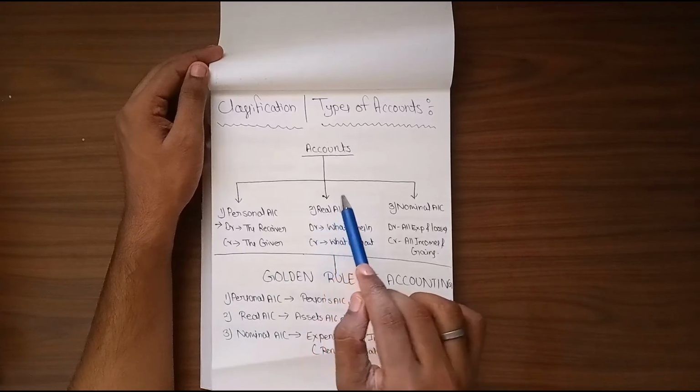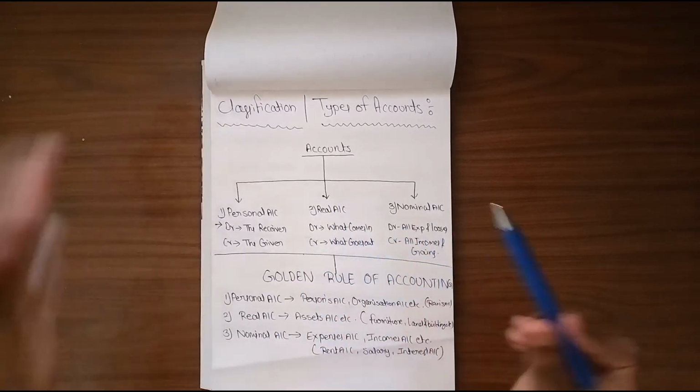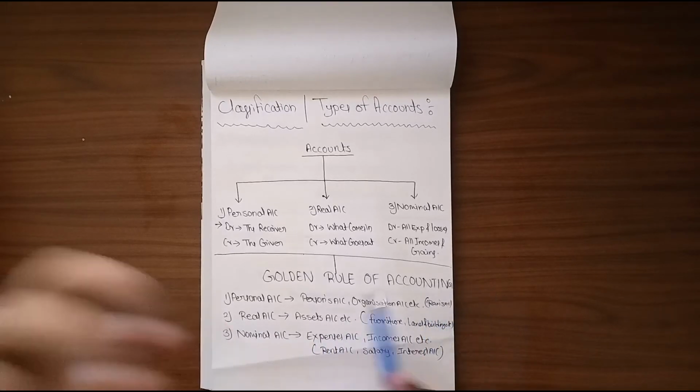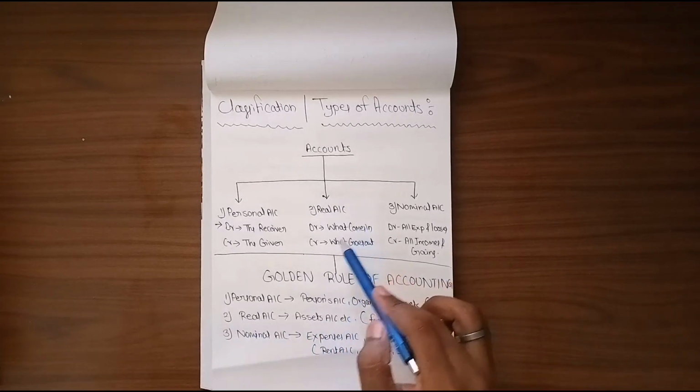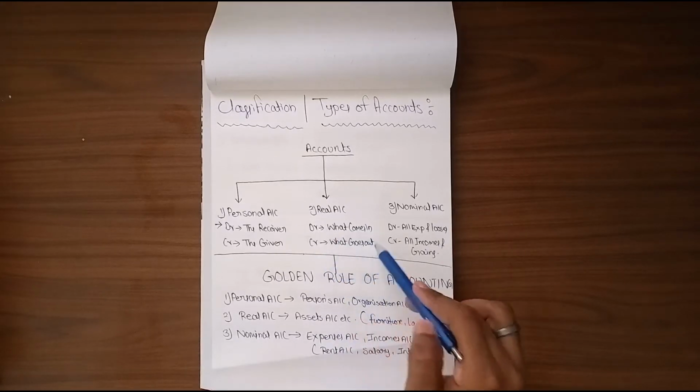Next we head towards the real account. The real account is related to assets accounts, liabilities accounts, or whatever such accounts there are. In a real account, debit is what comes in and credit is what goes out.